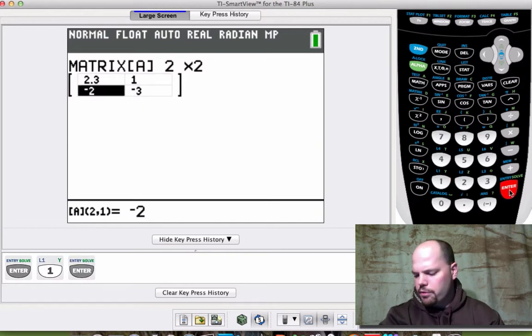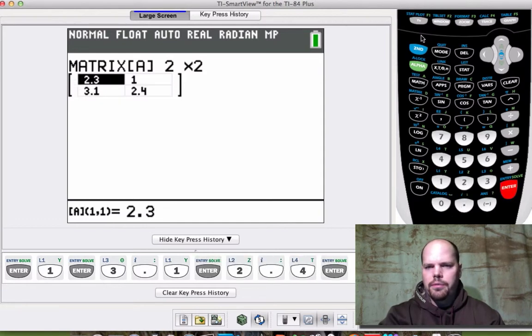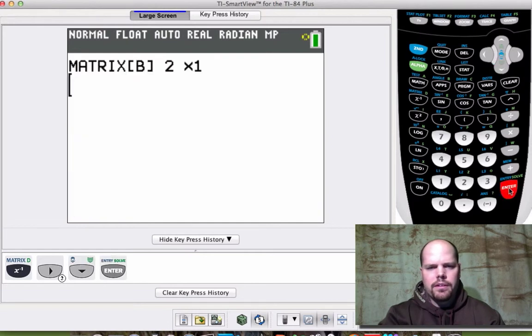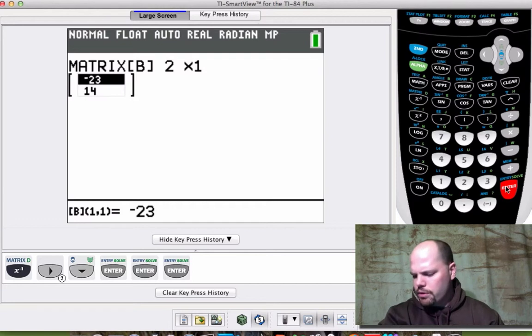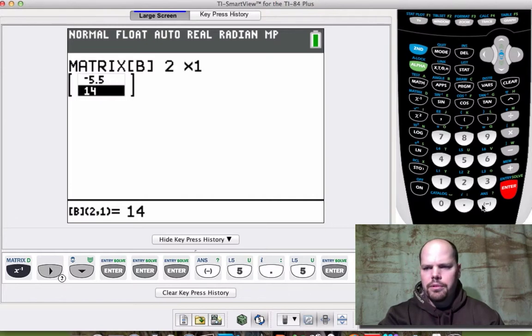The bottom row was 3.1 and 2.4. Okay, we need to edit matrix B. Okay, and our constant matrix was -5.5 and -1.1.